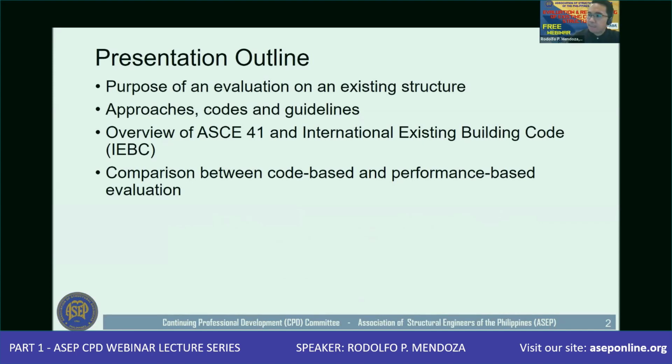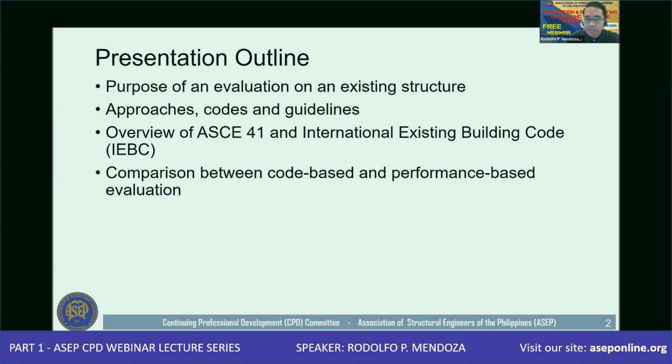And then we dive in specifically in conducting a structural evaluation or seismic evaluation of existing structures, where I will provide an overview of the ASCE 41 standard, and I will also introduce to you the International Existing Building Code.